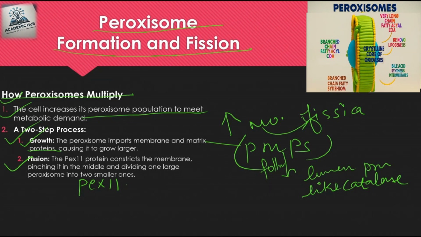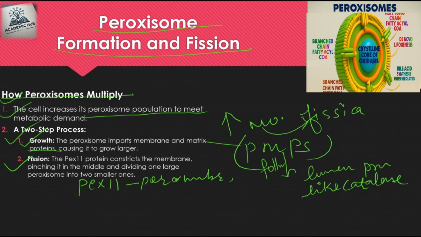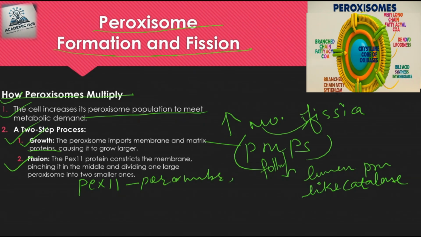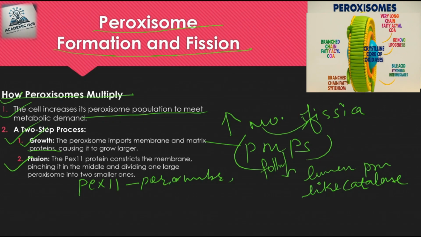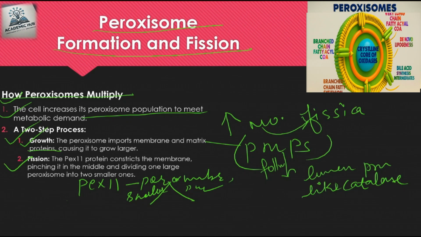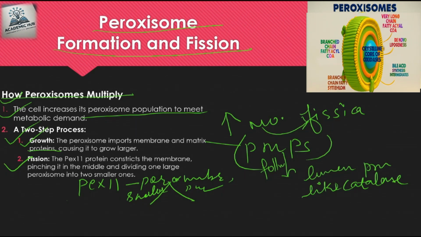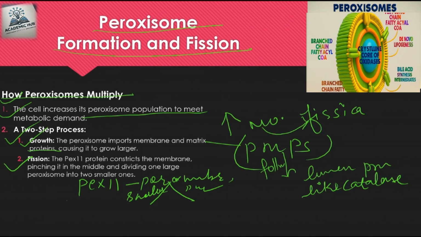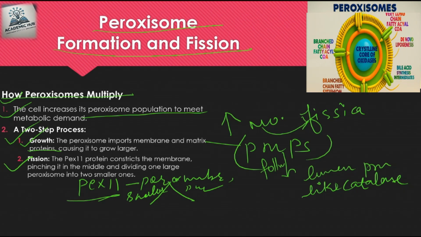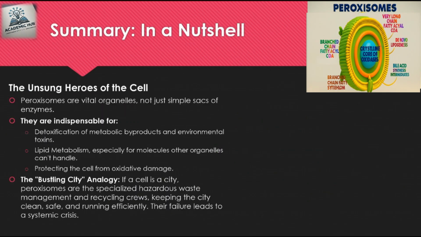PEX11 constricts the peroxisomal membrane, effectively dividing it into two smaller peroxisomes. Cells that require more peroxisomes, such as those with high metabolic demands, often exhibit higher levels of PEX11, facilitating this increase in peroxisome number.